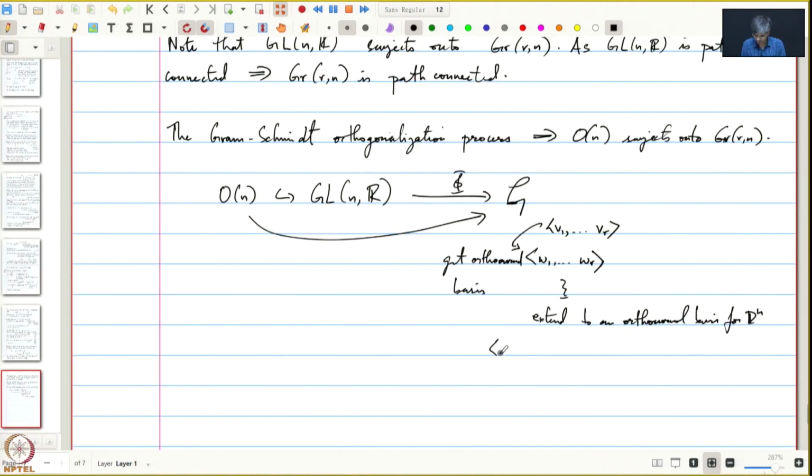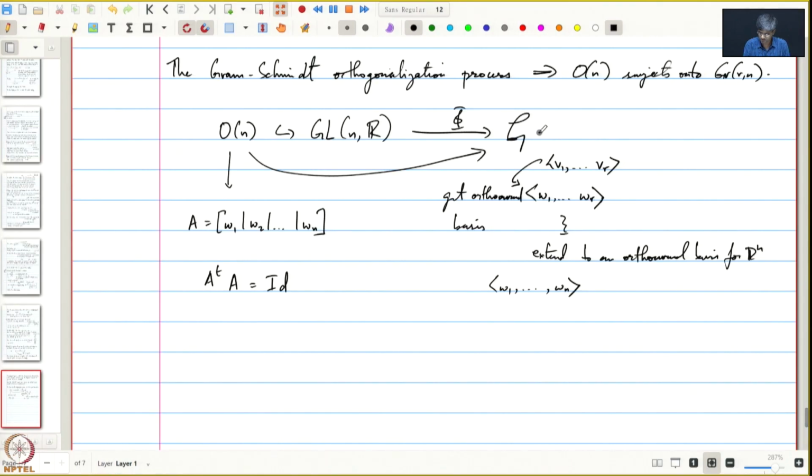So we get W1 up to Wn. Then the matrix A we take is W1, W2 to Wn. Since the Wi's are orthonormal, we get that A transpose A is equal to identity, which implies that A is in On.